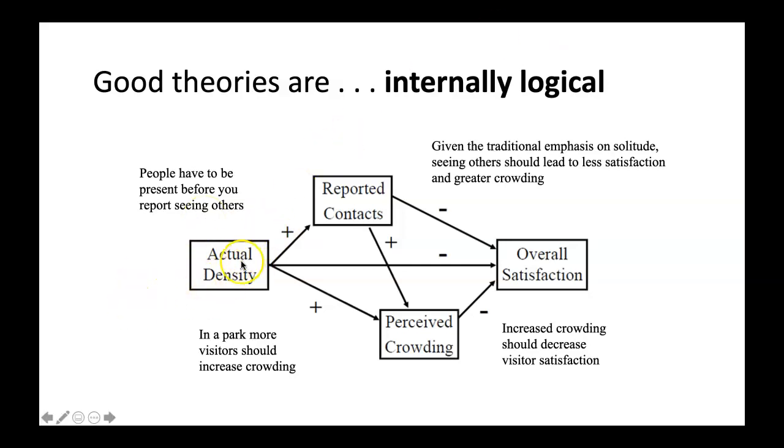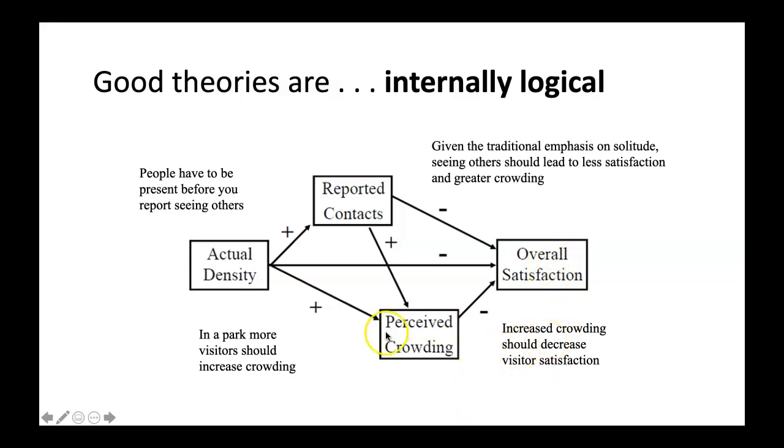That's the actual density of a park or protected area. Reported contacts, seeing others, should lead to less satisfaction and greater crowding. So the observable, empirical density is going to lead to more reported contacts, and more reported contacts is going to lead to a degradation of overall satisfaction with the experience at the park or protected area, whatever it is.